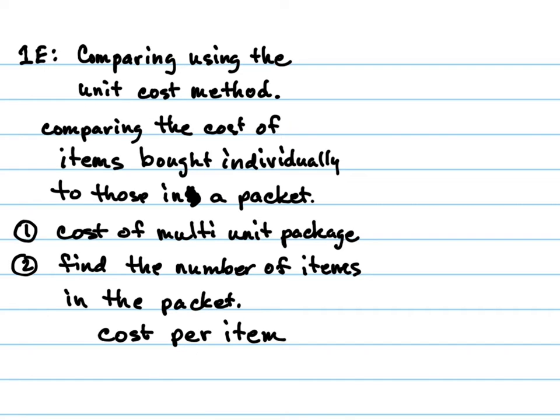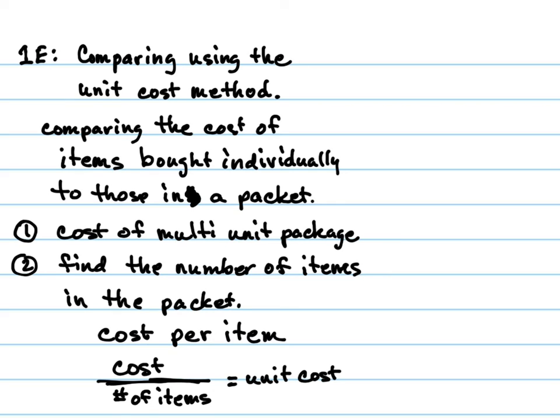So when you're talking about cost per item, we're simply going to take the cost and divide it by the number of items in the bag. And that will give us our cost per item. So it's just that simple. And then once you have that cost per item, you could compare it to buying simply one particular item. So this is called the unit cost. How much does each unit cost?